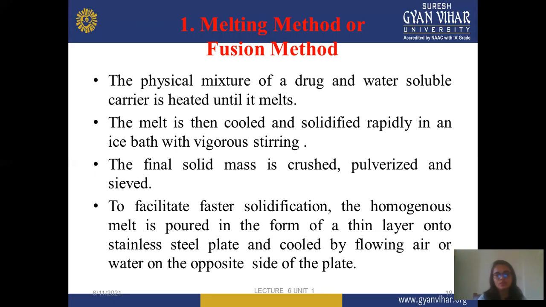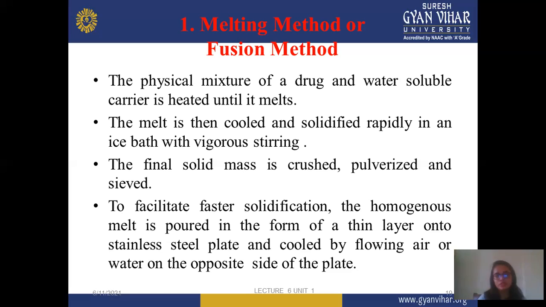The homogeneous melt is poured in the form of a thin layer onto a stainless steel plate and cooled by flowing air or water on the opposite side of the plate. In the melting method and fusion method, you first take the physical mixture of the drug and water soluble carrier, and after the solution and mass are formed, you cool the solidified solution with the help of ice or by vigorous stirring.